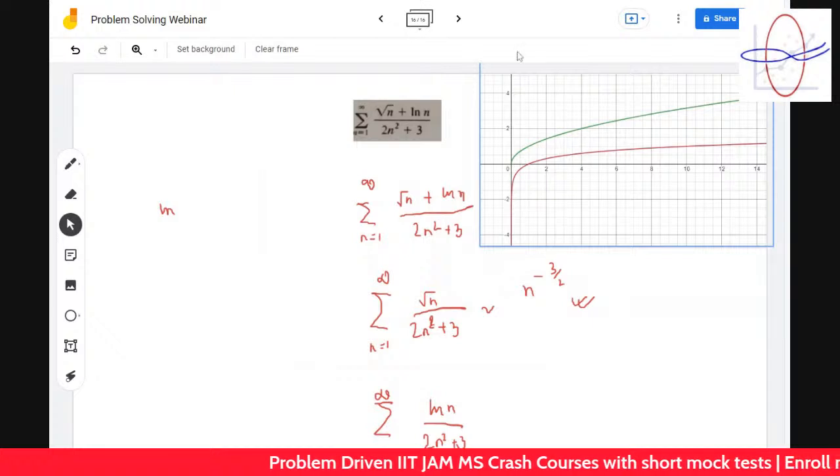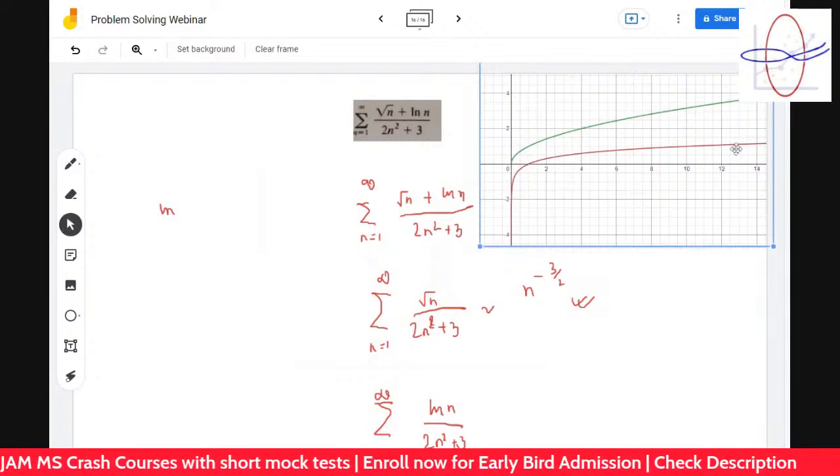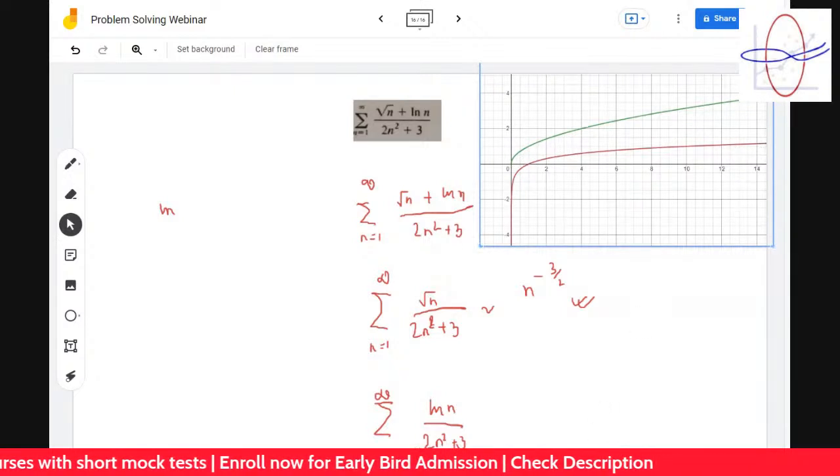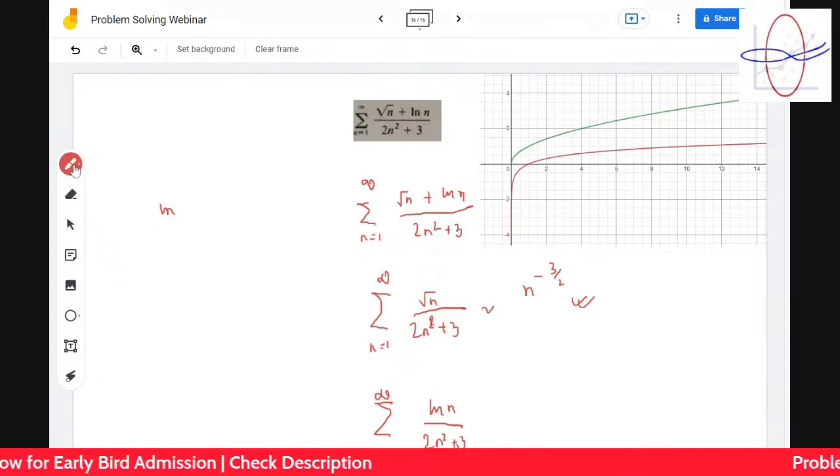Yes, we can use that. How to prove that? So log x is the red one, and n to the power half is the upper one. So n to the power half is actually bigger than log. So you can also show that this is less than or equal to root 2n.